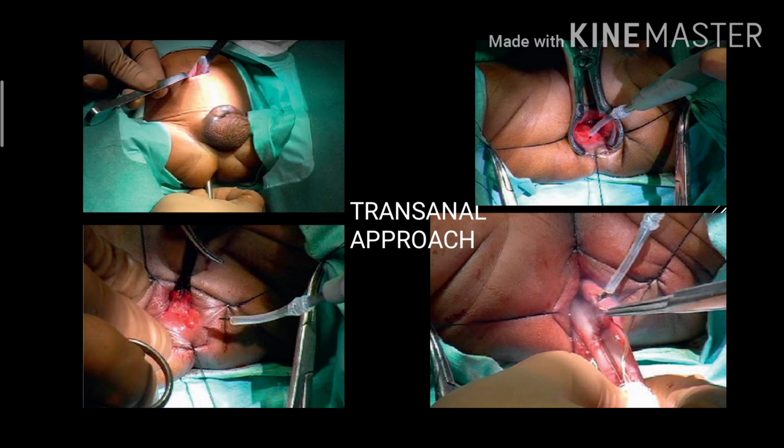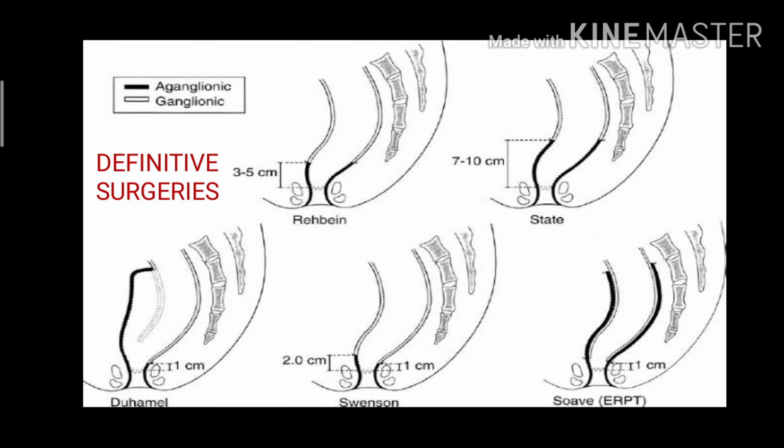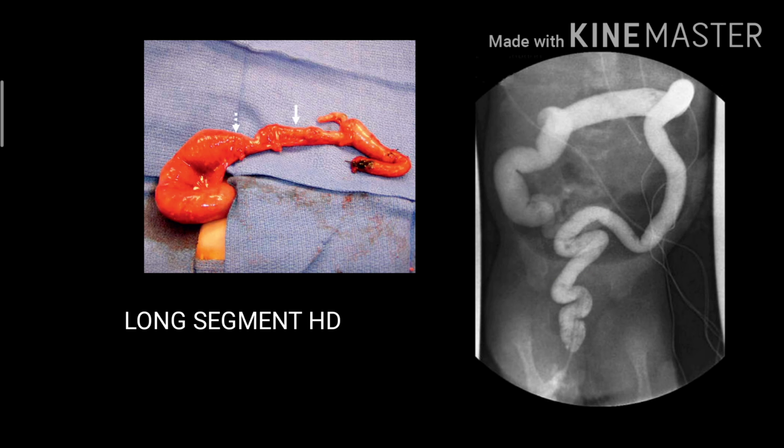Another one is a transanal approach, where we can pull the bowel from inside and then do the same thing, but this is just for academic purposes. There is a transanal approach and there is a laparoscopic approach for the above said procedures. So these are the definitive Duhamel, Swenson and Sauvage's surgeries.